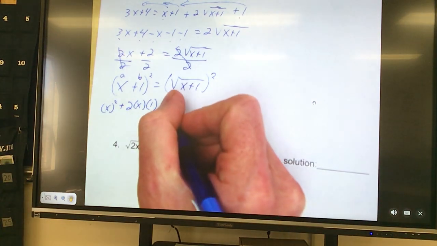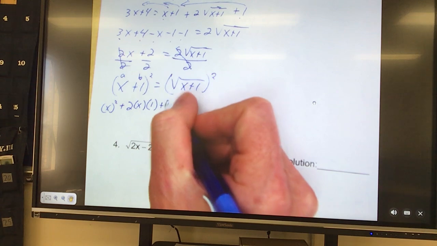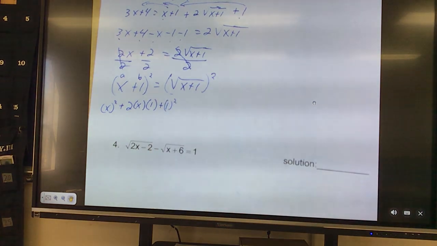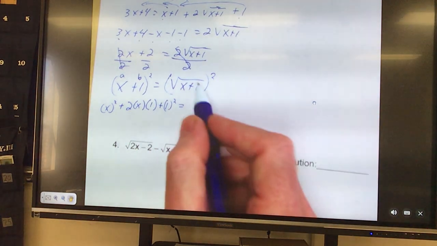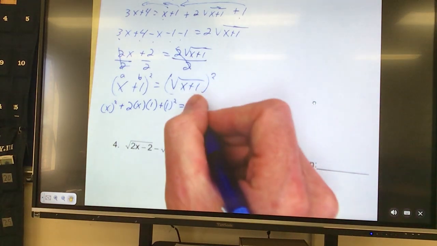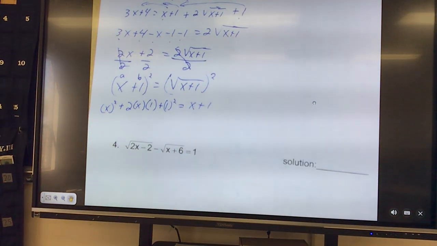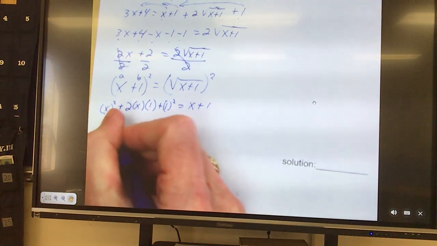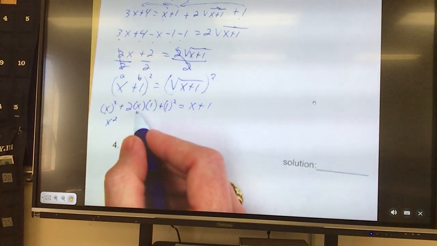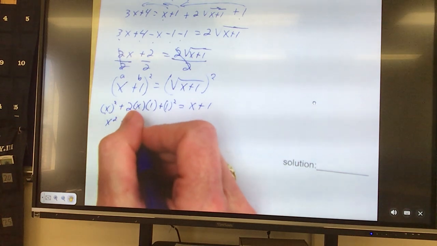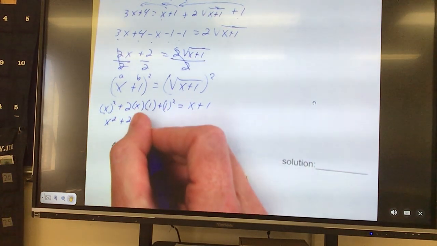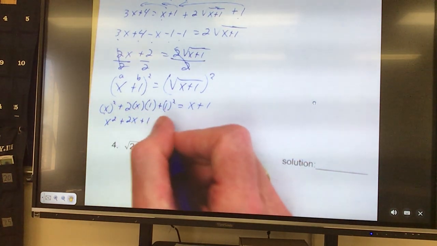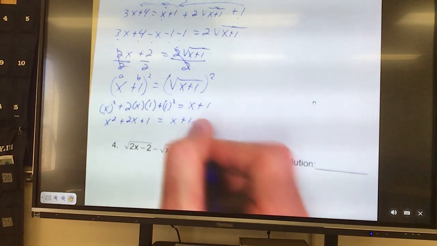Okay, and then plus b squared, which is 1 squared, equals, this side was square root squared, so it just drops. And now we clean it up. x squared, 2 times x is 2x, times 1 is 2x. 1 squared is 1, equals x plus 1.